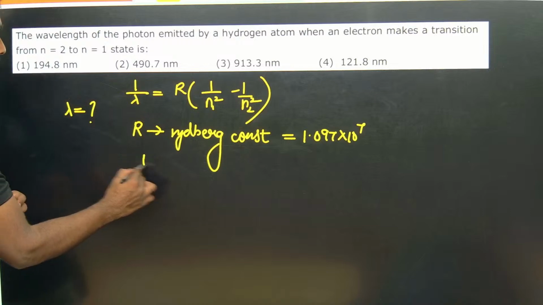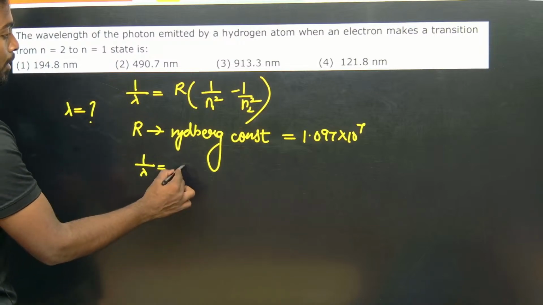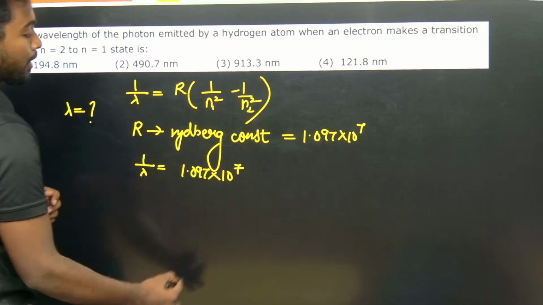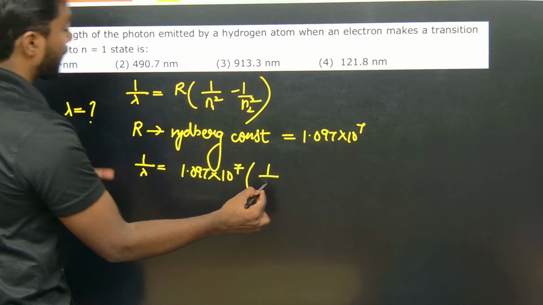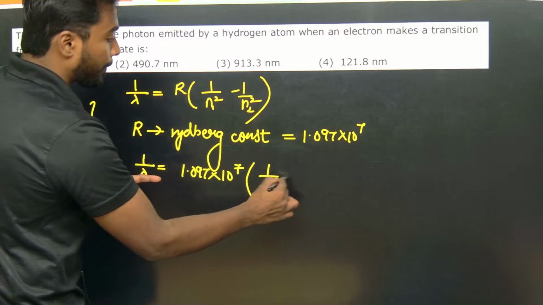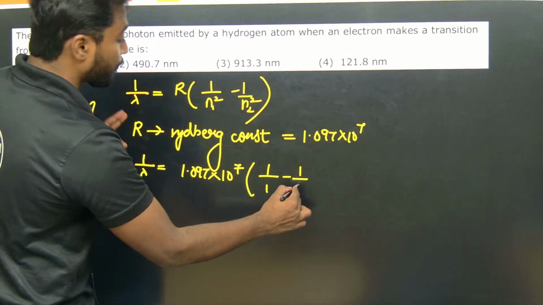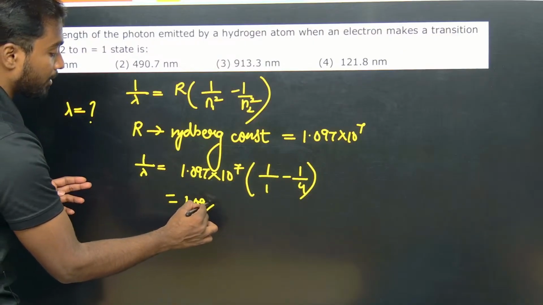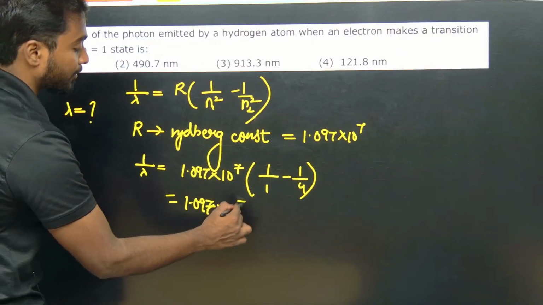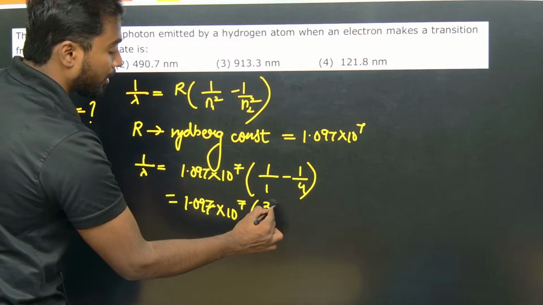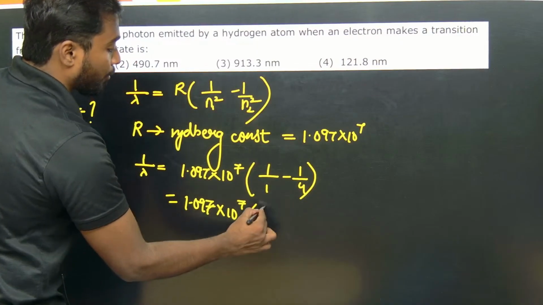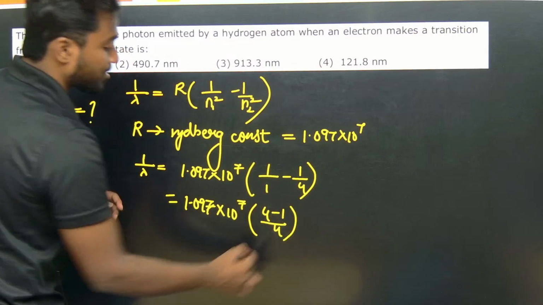So 1 by lambda should be equal to 1.097 into 10 power 7 into 1 by 1 square, which is 1, minus 1 by 2 square, which is 1 by 4. So 1 minus 1 by 4 is nothing but 3 by 4.